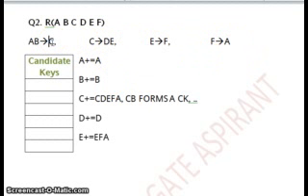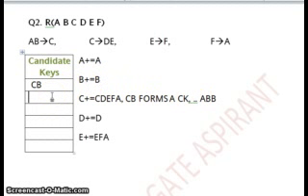We need to replace C by AB. Before that, let me include CB in the candidate key set, just to make it a bit clearer. So if I replace C with AB, what do I get? ABB, which is nothing but AB itself.